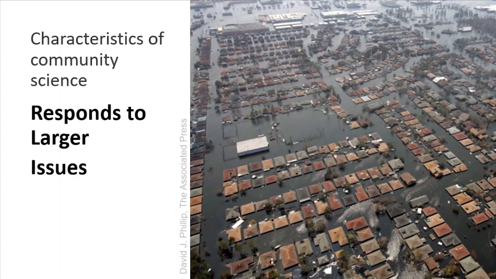And what it points out, at least for me, is that the technical or scientific issue of understanding hurricanes and hurricane vulnerability is intrinsically linked to larger societal issues, issues like systemic oppression, like racism, and you can't tackle one without the other. And so community science necessarily responds to these larger issues.